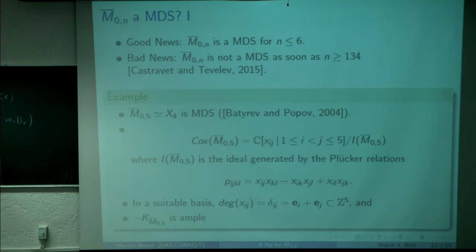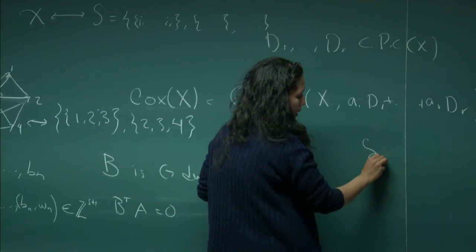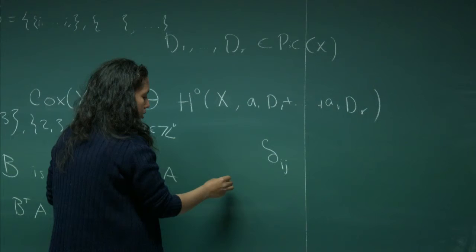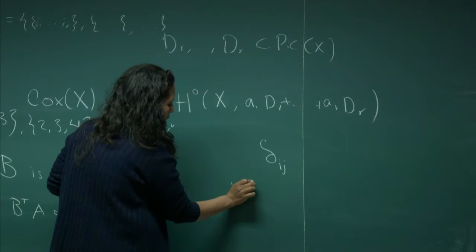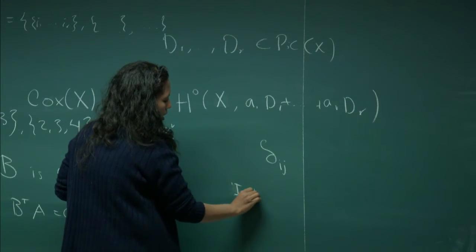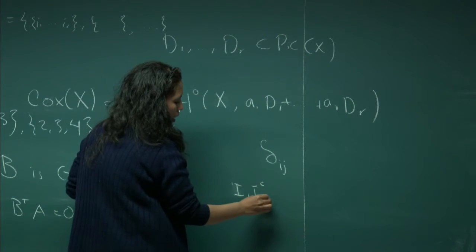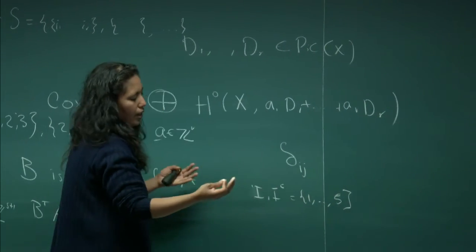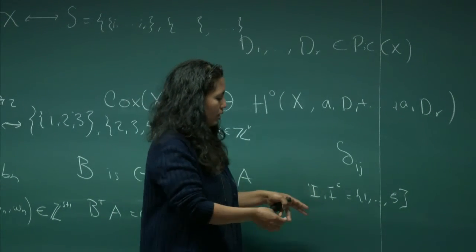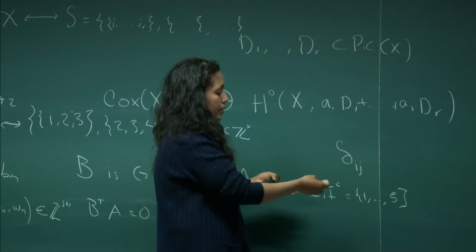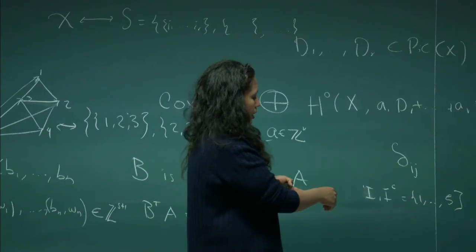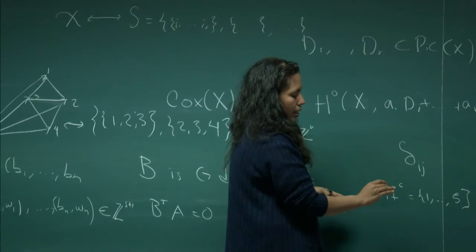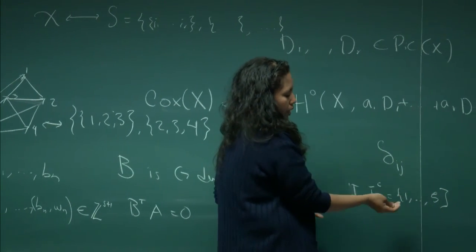and it comes from the fact that you have the boundary on M05, and the boundary is parameterized by these pairs xij, because the only way you can have a partition of I, the complement of 1 up to 5, is that you have a partition with 2 elements on one side and at least 2 elements on the other.